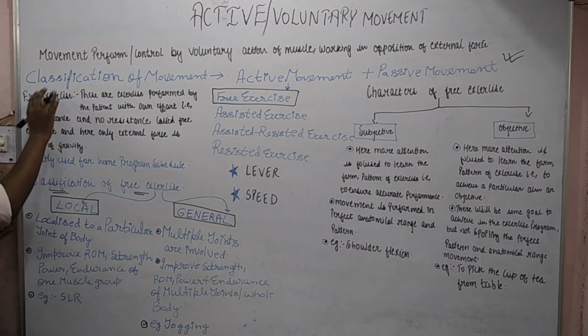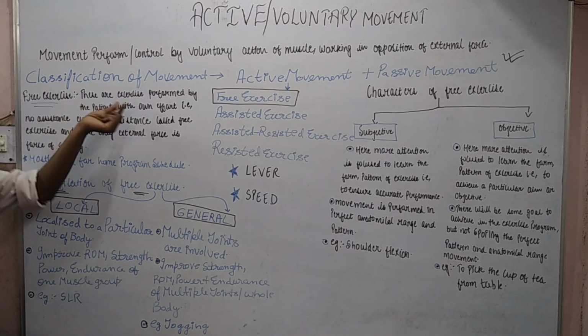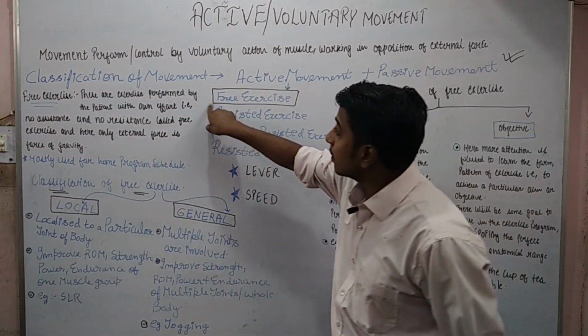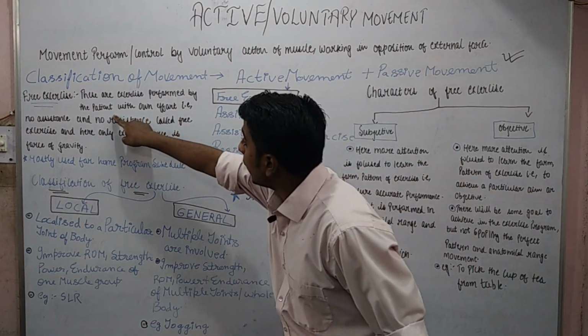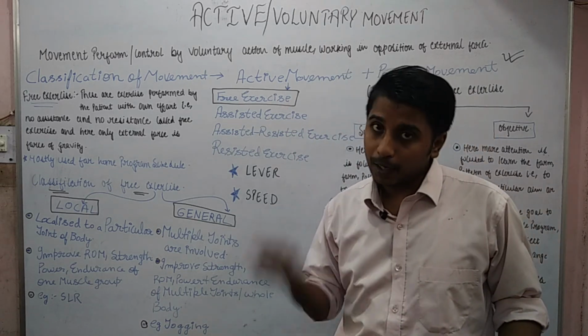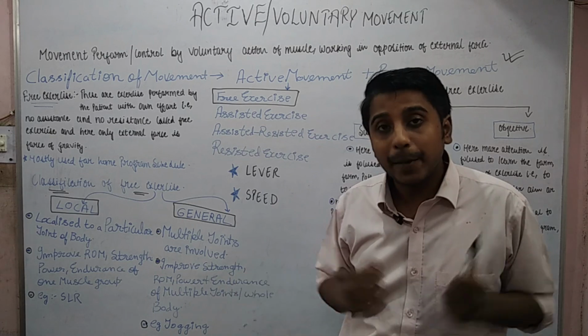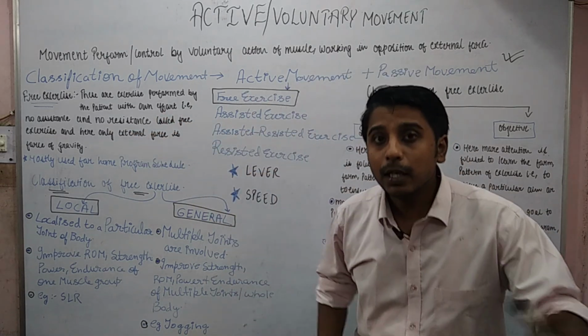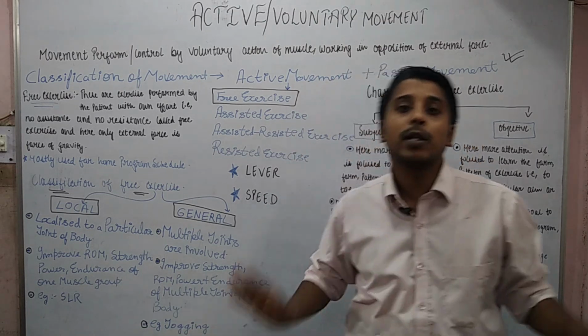You need to focus on this part, free exercise. What are free exercises? Free exercises are the exercises which are performed by the patient. As a voluntary movement, the movement is performed by the patient by their own effort with no assistance and no resistance.